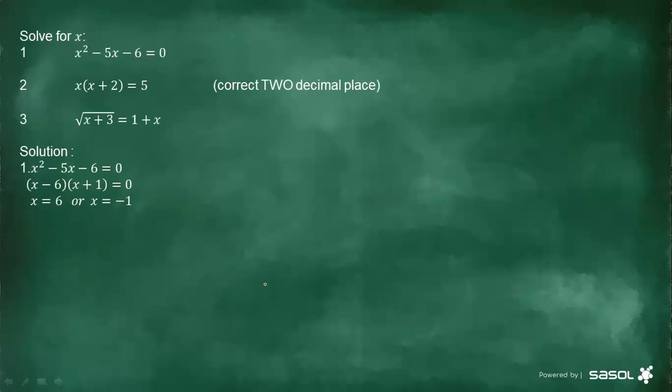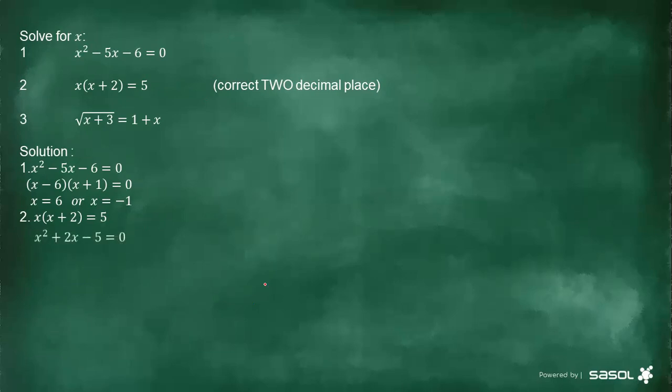That's the first one. Number 2, we have x(x + 2) = 5, correct to 2 decimal places. Remember what I said. If you have a question like this one in number 2, that has an instruction next to it, then you must use the quadratic formula. But before we can use the quadratic formula, we need to open the bracket and bring that positive 5 to the left.